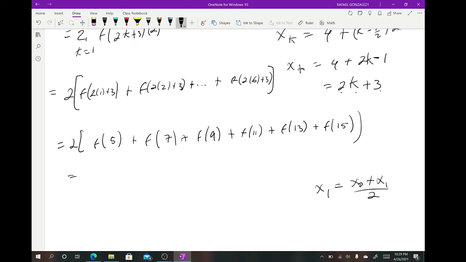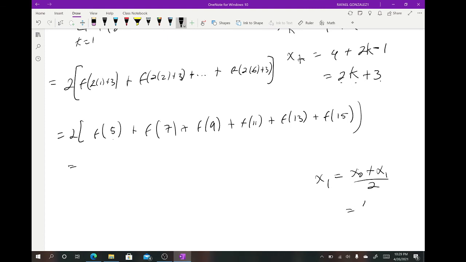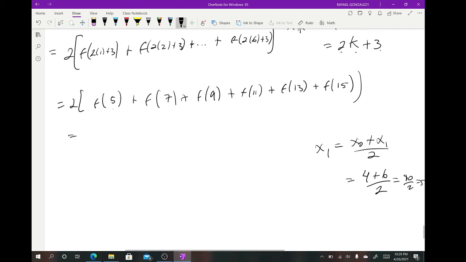That's how you get the midpoint. Like for 4 and 6, you'll do 4 plus 6 divided by 2. That's going to be 10 over 2, which is 5. Okay, you take the left side of the interval and the right side, you add them up and you divide by 2, and you get the midpoint.